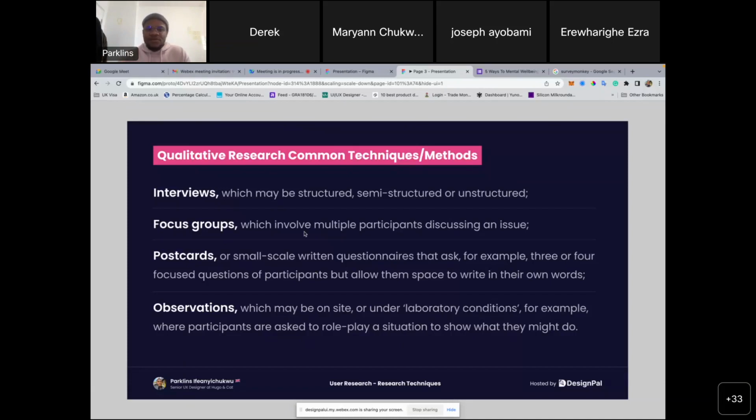Postcards are small, scaled-down written questions that ask, for example, three or four focus questions of participants, but allow them space to write in their own words what they believe certain things should be, or what they are and what they are not.